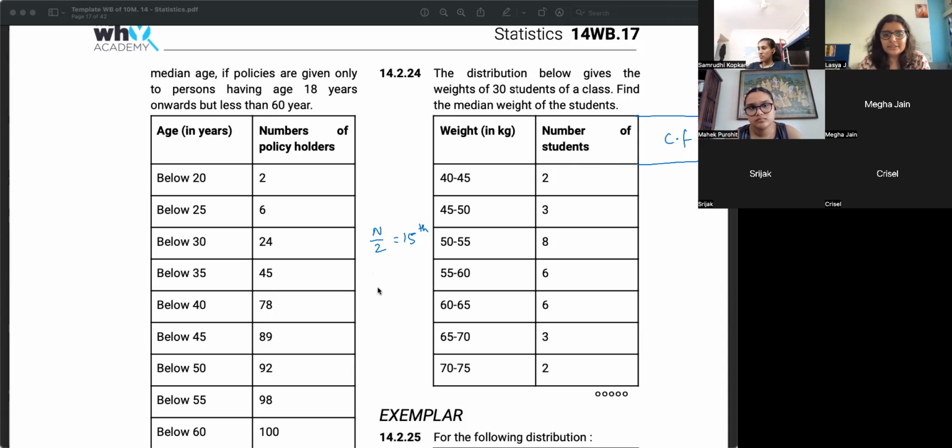Anika, can you tell me the values that you got? What is L equal to? Anika? Yes.